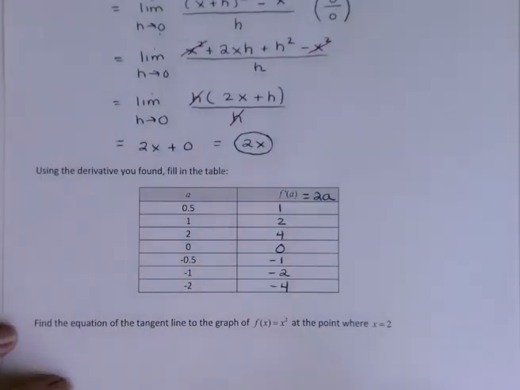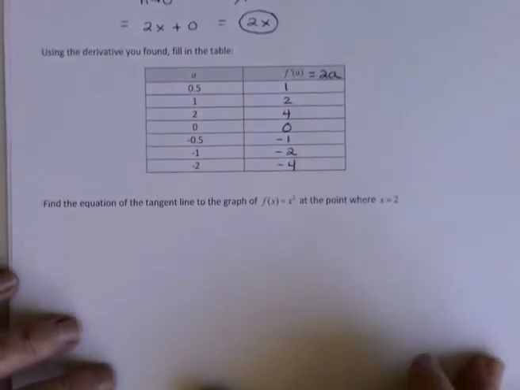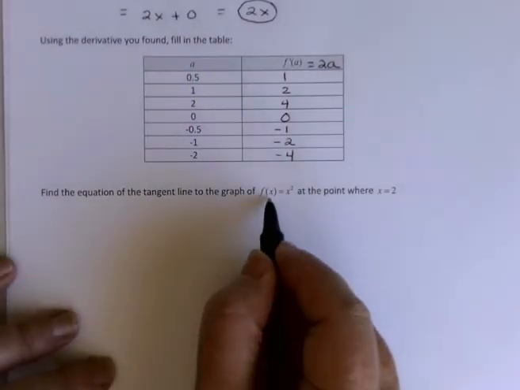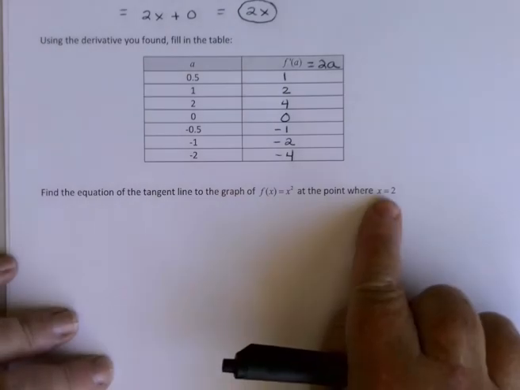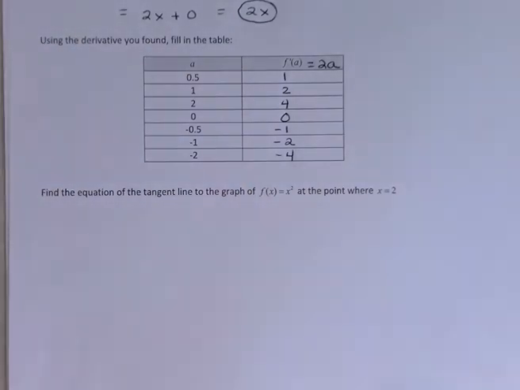All right, we're going to do one more problem based on this particular function before we look at another one. I would like to actually find the equation of the tangent line for f of x equals x squared, specifically at the point where x equals 2. Now remember, to find the equation of a line, you need to know two things, right? You need to know a slope and a point.